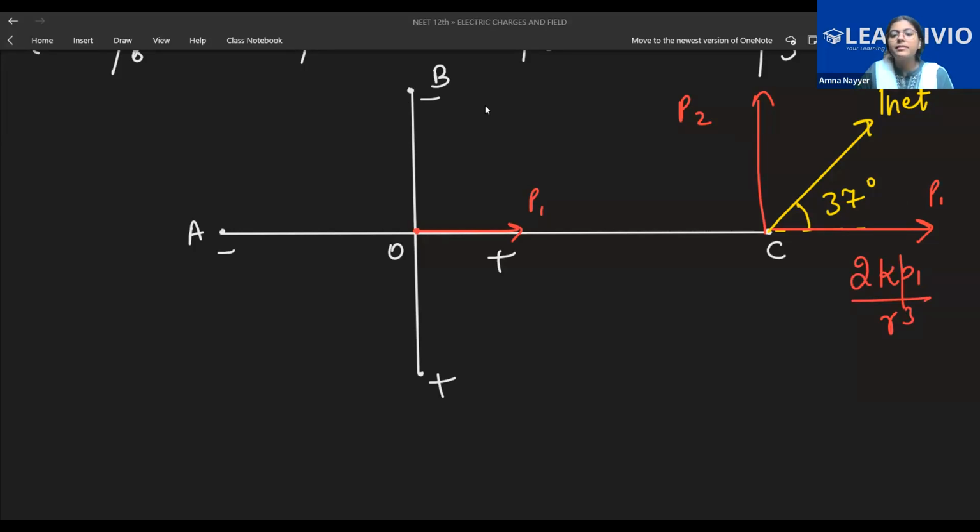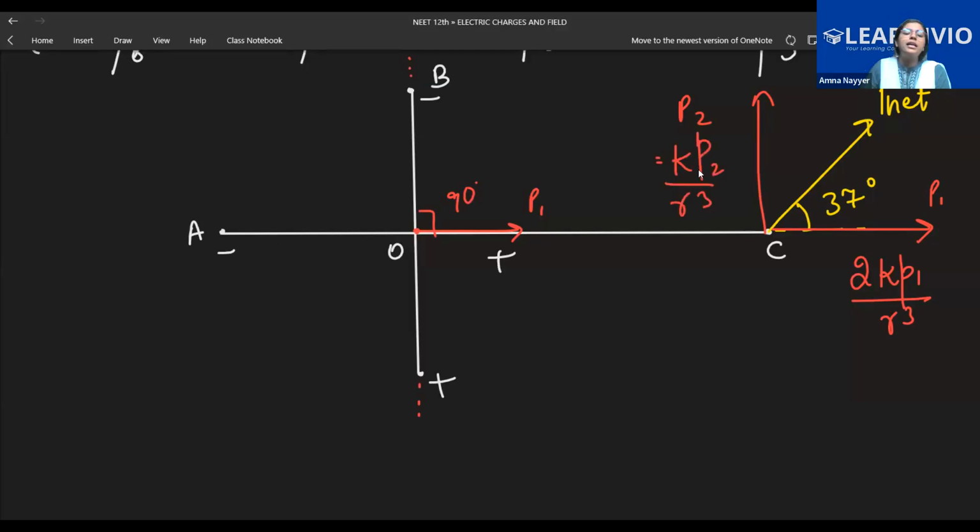Yes, Ibrahim is right. See, Jesslyn, this is the axis. C isn't lying on the axis, it is perpendicular to it, 90 degree. So C is equatorial. So this will become kp by r cube, so kp2 by r cube.